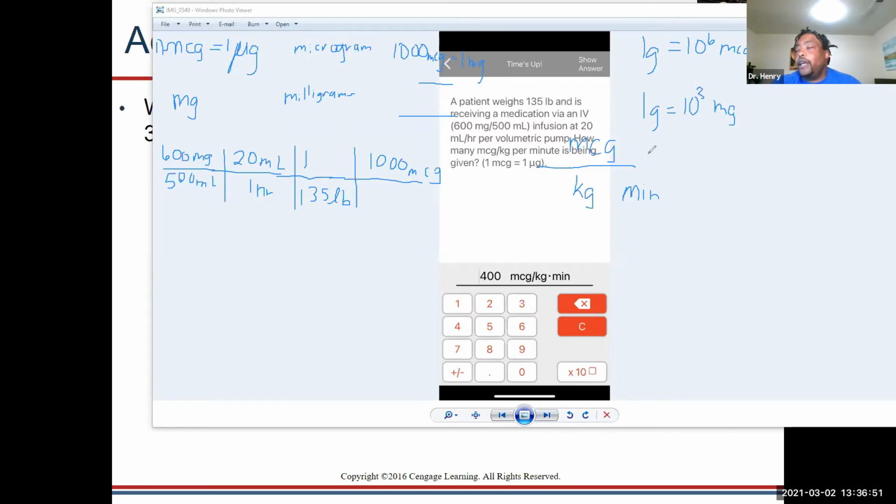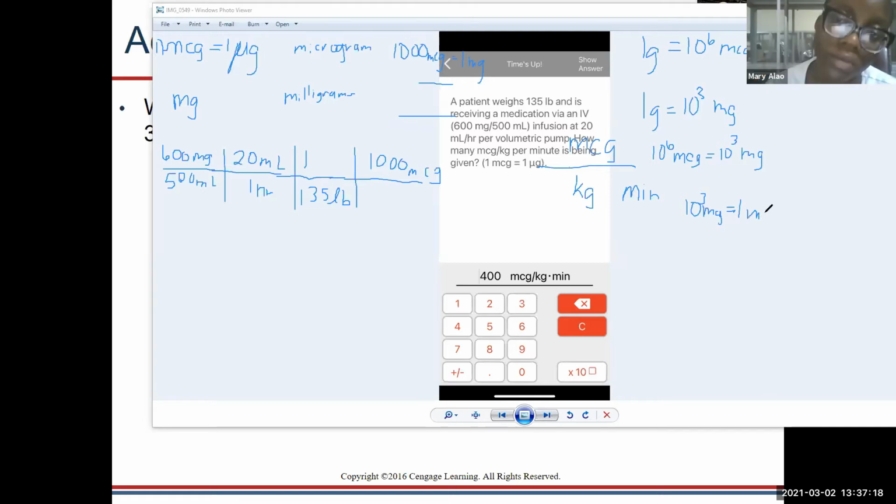So I could say 10 to the 6th micrograms equals 10 to the 3rd milligrams, or I can just simplify and say 10 to the 3rd micrograms equal 1 milligram.